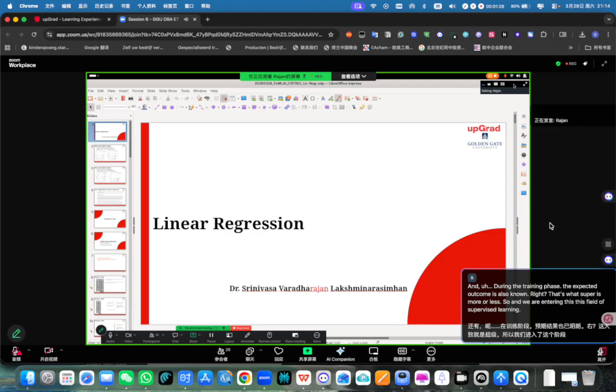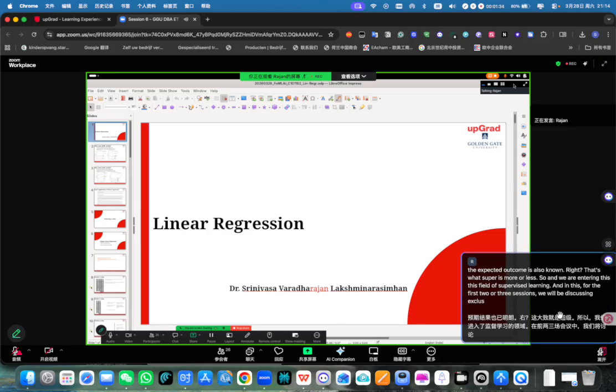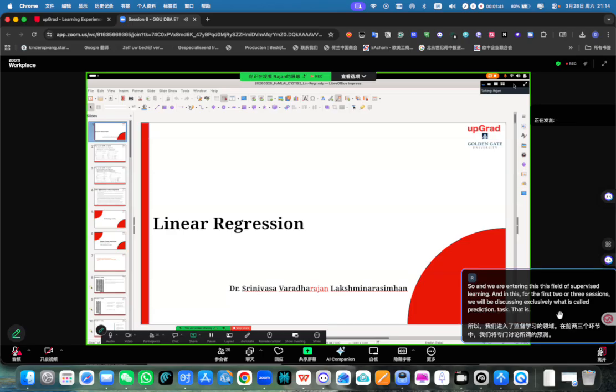And in this, for the first 2 or 3 sessions, we will be discussing exclusively what is called the prediction task. That is, we want to predict the value for a variable that contains continuous values. Say, for example, I want to predict the salary, the rainfall, revenues, GDP, all these things.